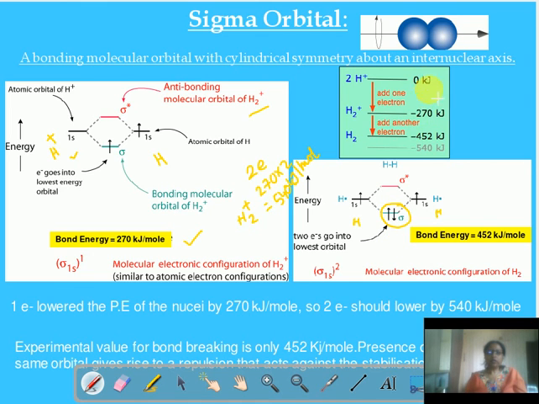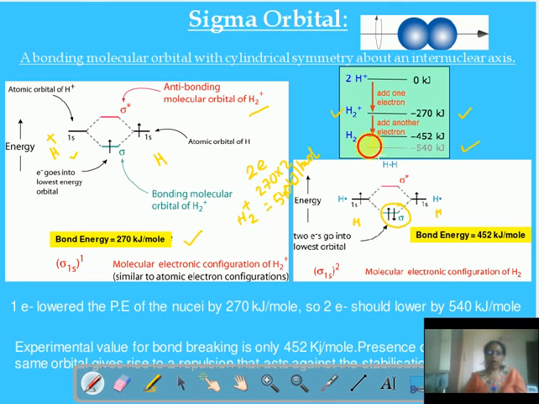But you see here, for 2H plus, the energy was 0 kilojoule per mole. Then adding one electron lowers the energy to minus 270 kilojoule per mole, which we have seen for H2 plus, and then for H2 this should be minus 540 kilojoule per mole.